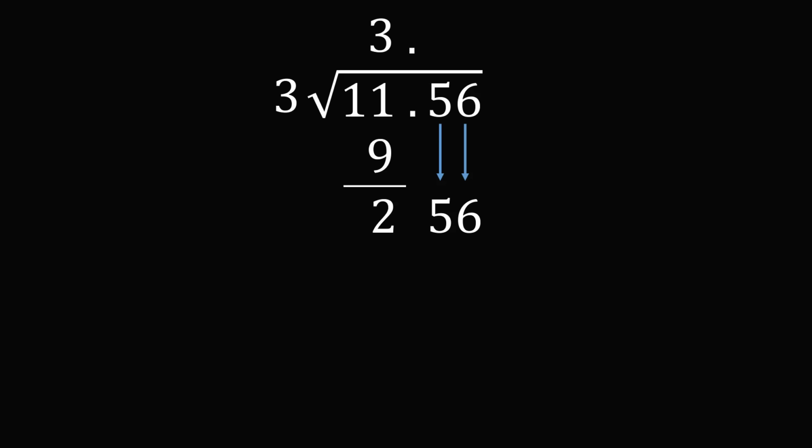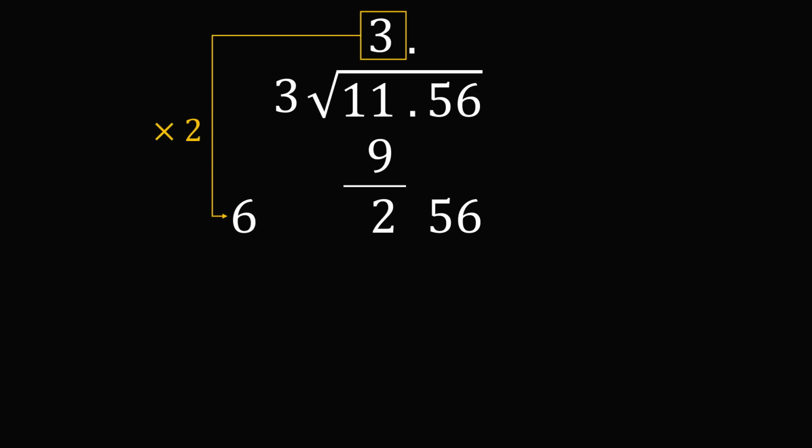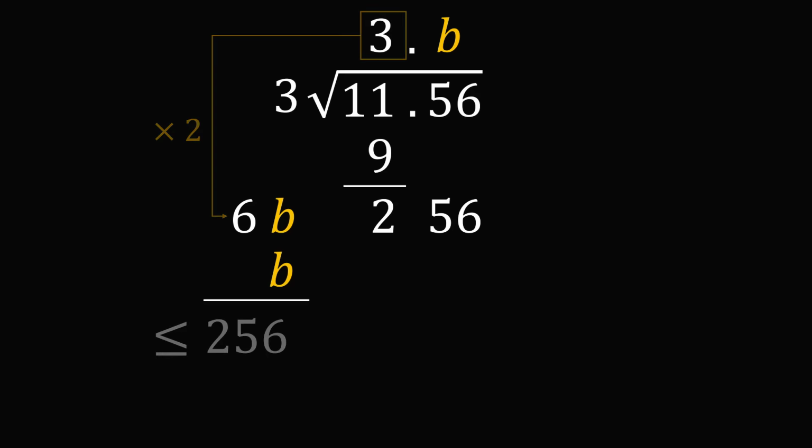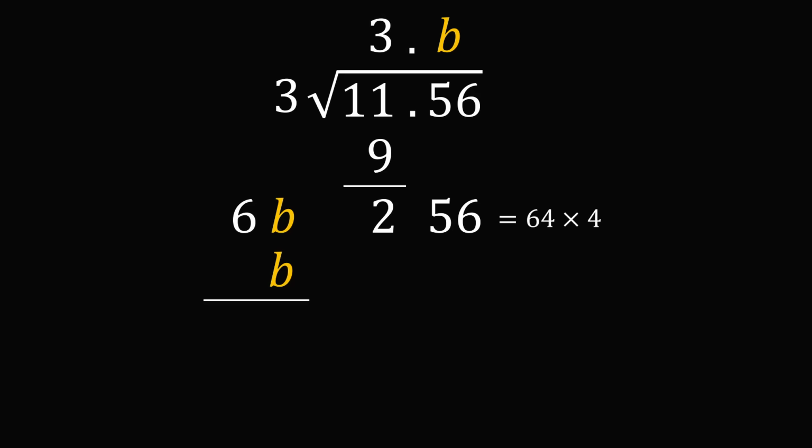We now need to get the next divisor. So we take the result of 3 and we multiply it by 2 to get 6. Suppose the next digit is b, we will then have a divisor of 6b. So we need 6b times b is less than or equal to 256. Well, this should be known to everyone in computer science. Of course, 64 times 4 is equal to 256, so we know that b is equal to 4.